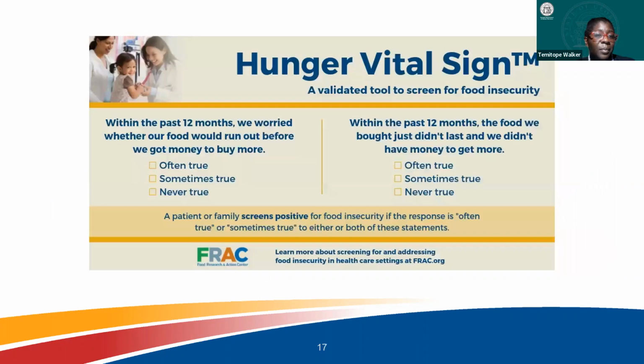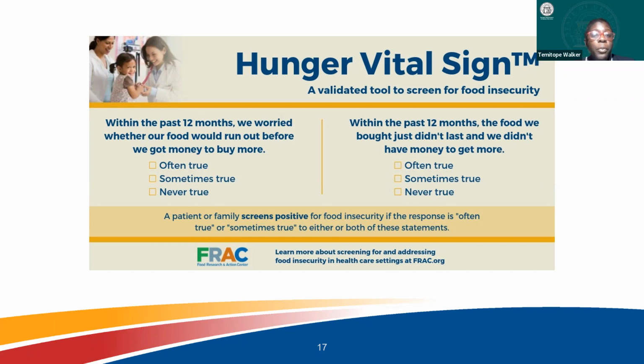Next slide. So finally, we're finishing up with the Hunger Vital Sign 2-question screening tool. This survey was developed by Doctors Aaron Hager and Anna Quigg and the Children's Health Watch team from the U.S. Household Food Security Survey.